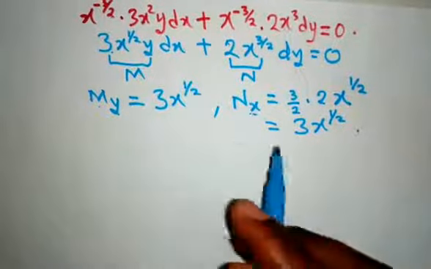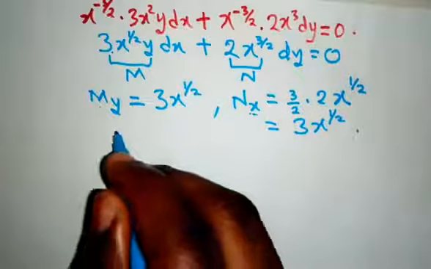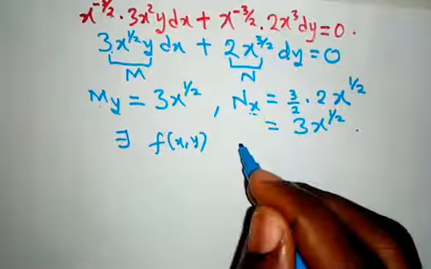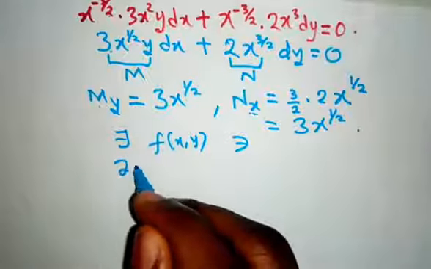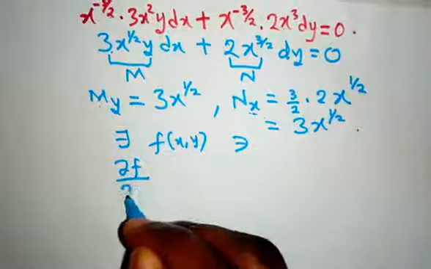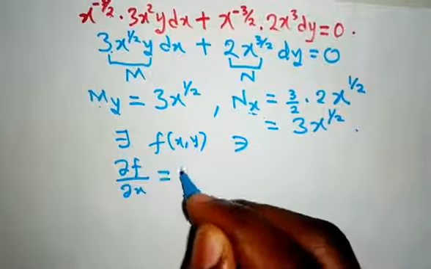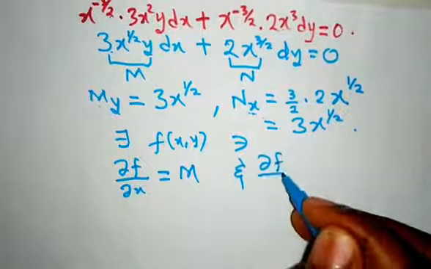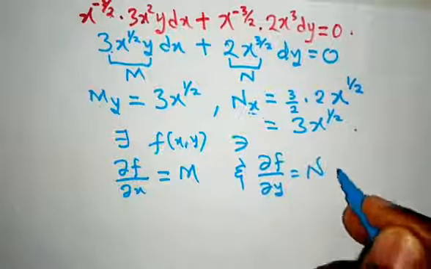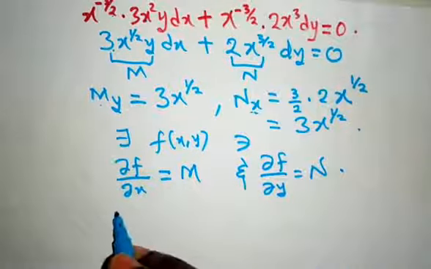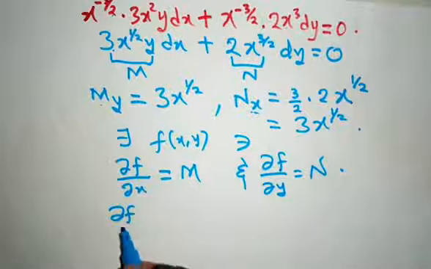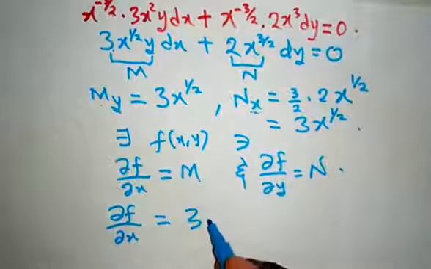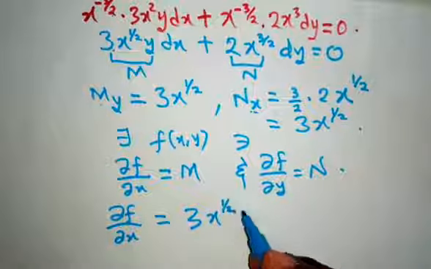Now, since it is exact, it implies that there exists a function f of x comma y such that the partial derivative of f with respect to x equals M, and the partial derivative of f with respect to y equals N. So we will have partial f partial x equals M, which is 3x to the power of half y.